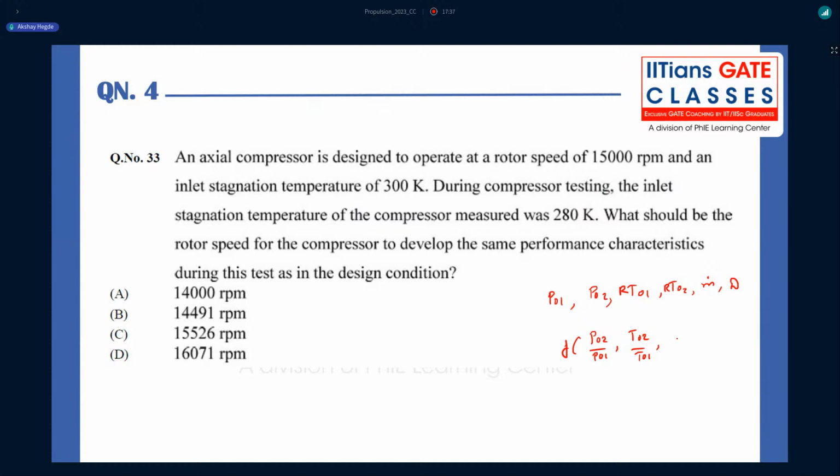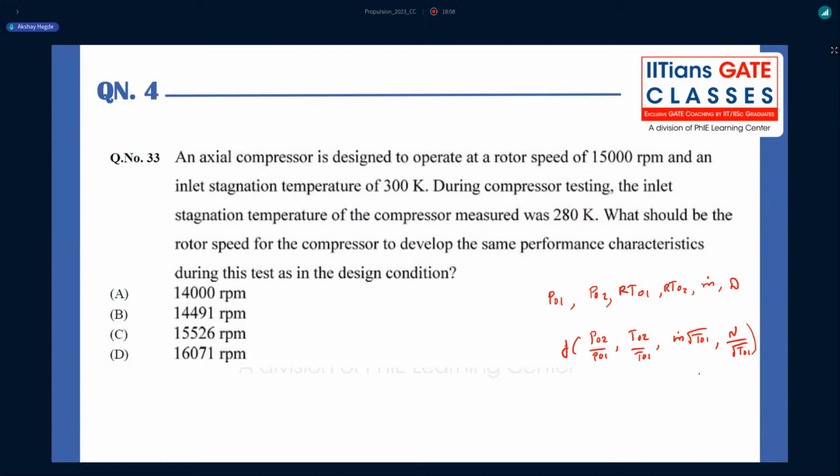Because we are using the same gas in both conditions and the same geometry in both conditions, I can just non-dimensionalize with T01. So I am neglecting other variables which make it non-dimensional. It is fine. So N divided by root T01, or root T0, whatever. It depends on the reference temperature we are taking.